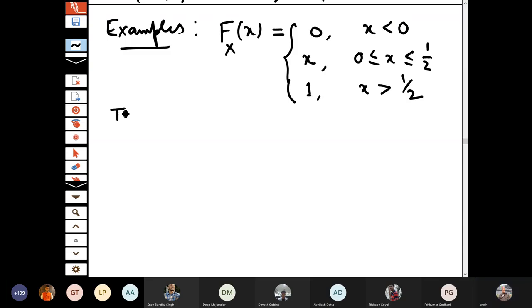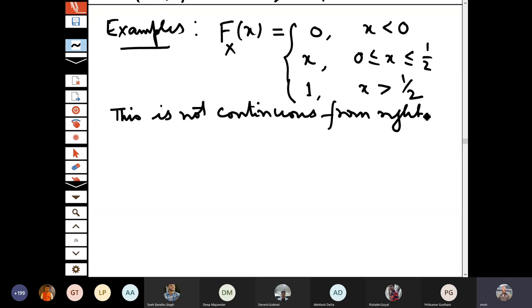So this is not continuous from right at x equal to half. So it is not a CDF.